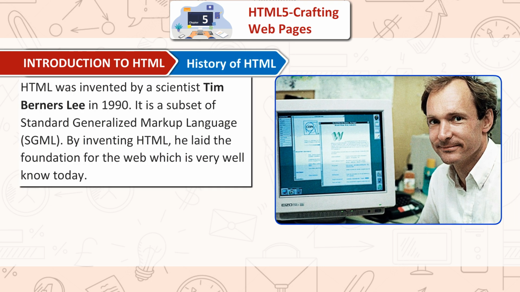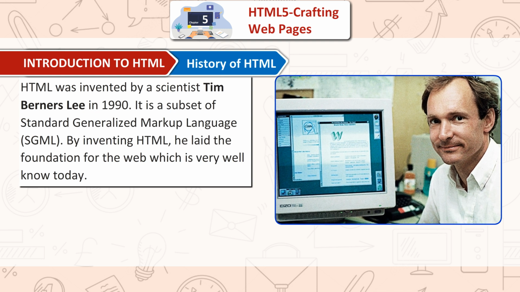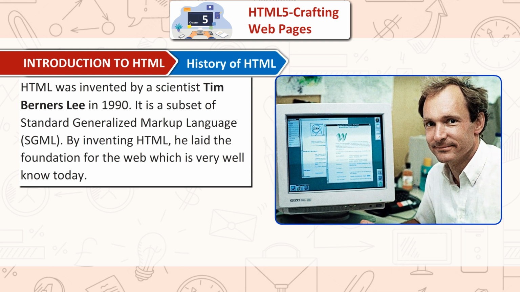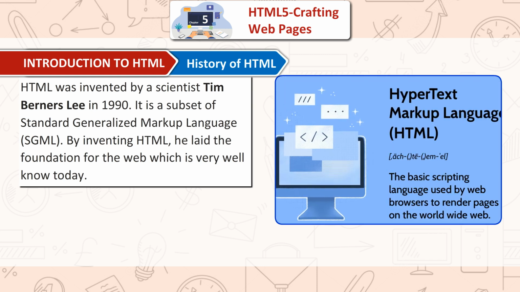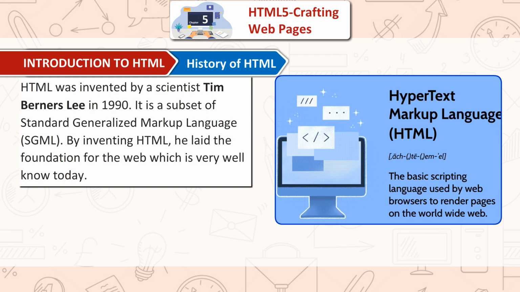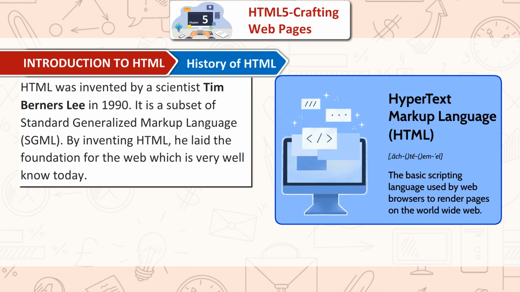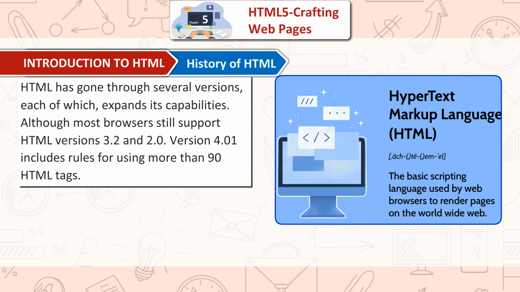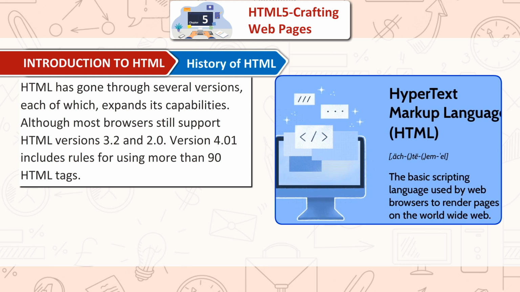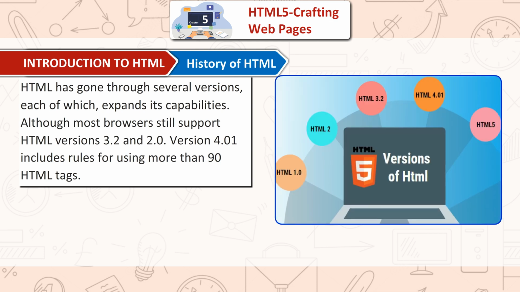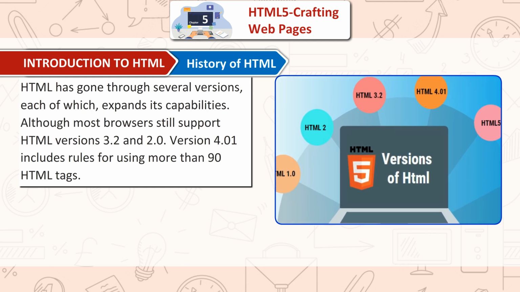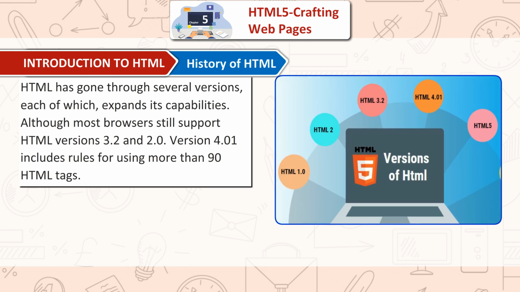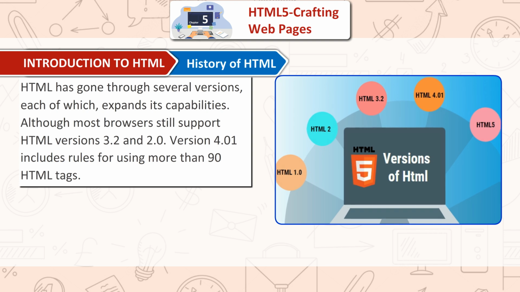History of HTML. HTML was invented by a scientist, Tim Berners-Lee, in 1990. It is a subset of Standard Generalized Markup Language, SGML. By inventing HTML, he laid the foundation for the web, which is very well known today. HTML has gone through several versions, each of which expands its capabilities. Although most browsers still support HTML versions 3.2 and 2.0, version 4.01 includes rules for using more than 90 HTML tags.